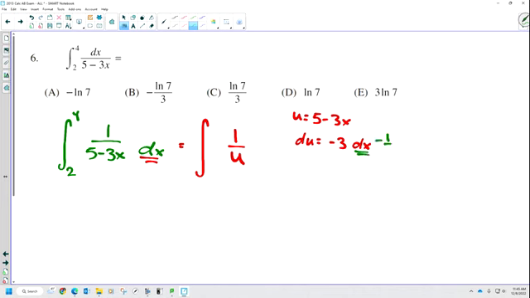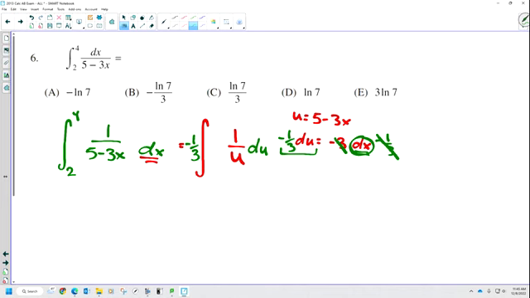Let's multiply by negative third. These cancel. Multiply this by negative 1/3. And in for my dx, I'm going to put negative 1/3 du. Here's a du. I'm going to put a negative 1/3 on the outside. All right, there we go.